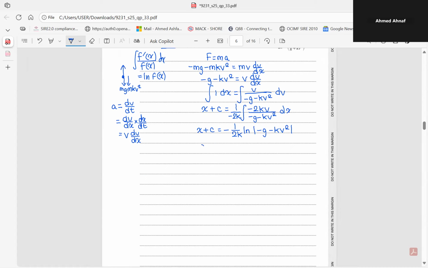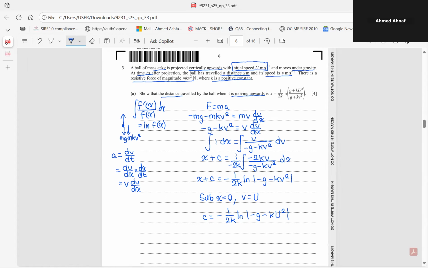So we're going to sub x equals 0 and v equals u. So x is 0, plus c, that's just c, and you get minus 1 over 2k ln of minus g minus ku squared.